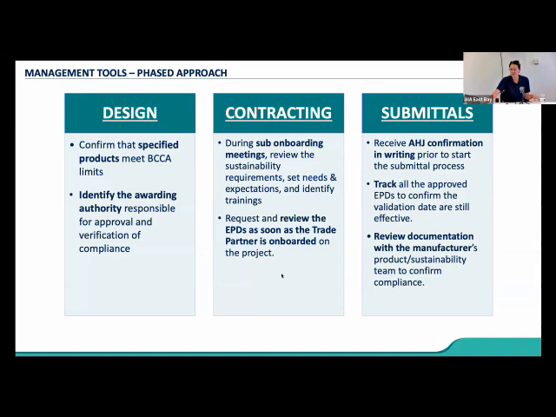And then at this point, you also want to get ahead of the game by identifying the awarding authority responsible for the approval and verification. For example, who do we hand the Buy Clean conformance documentation to? What's the name of the person? Then reach out to that person and understand their process for how they want to receive the information.